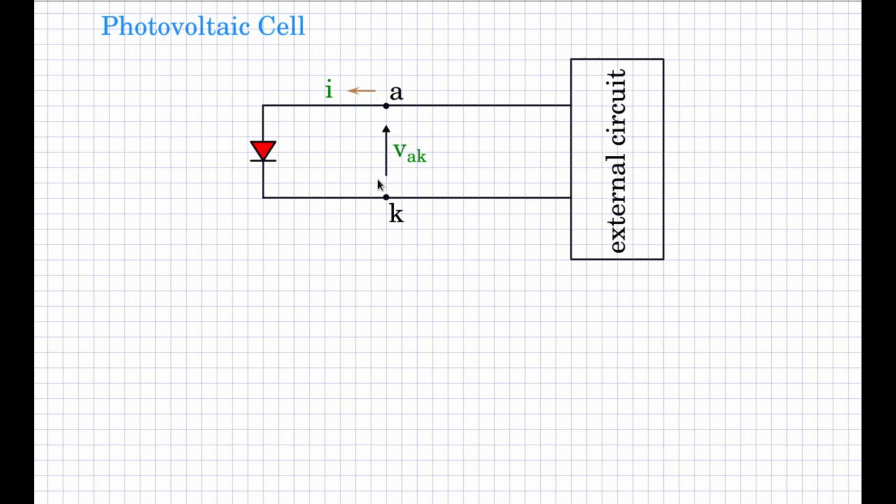With this polarity of voltage VAK being taken as positive, that is, the non-arrow end as the common point for probing and the arrow end as the positive terminal for probing for the voltage, and the direction of the current as shown here as positive, then we say that the power flows into the device. The device is acting as a sink, and the power flow is into these one-port terminals.